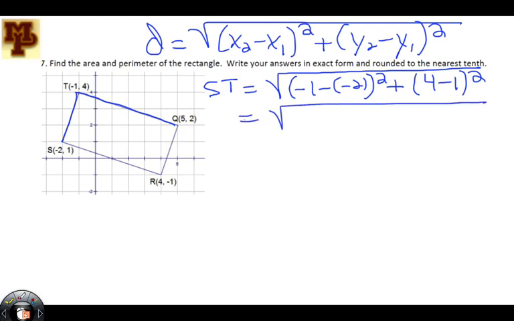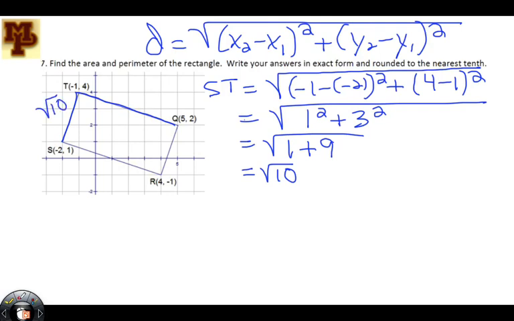So -1 minus a -2 is actually plus 2, so -1 plus 2 is 1. This is 1 squared plus 4 minus 1 is 3, so 3 squared. Showing a little bit more work, this is 1 plus 9, so this is the square root of 10. So ST is the square root of 10. This is a rectangle, so that means this is the square root of 10 as well, straight across.